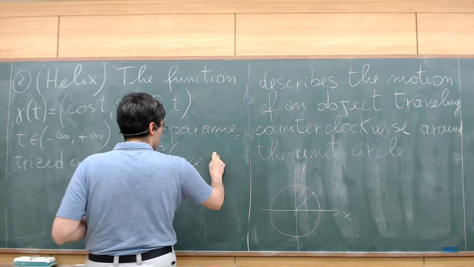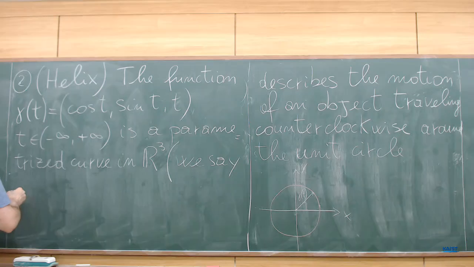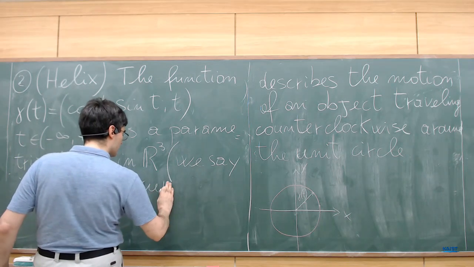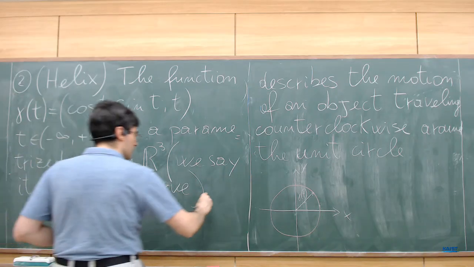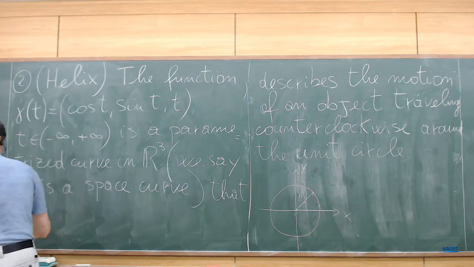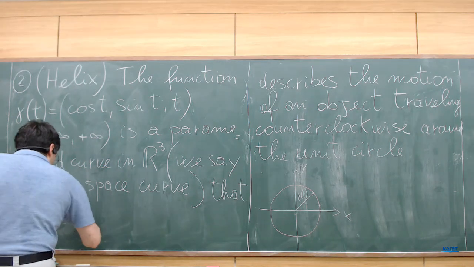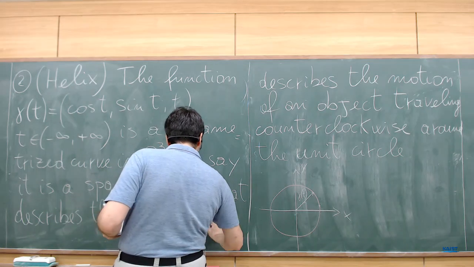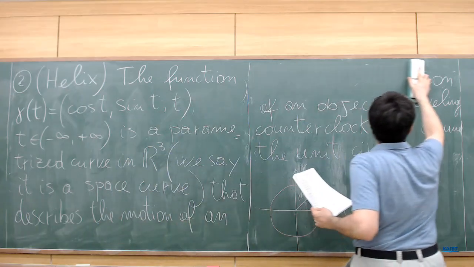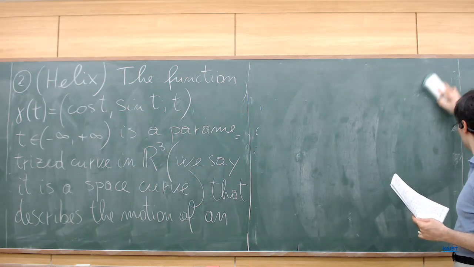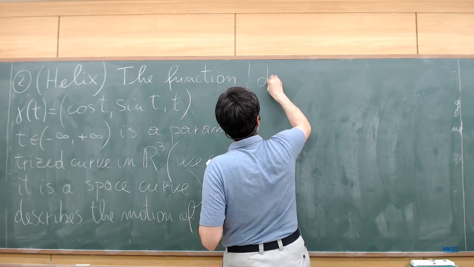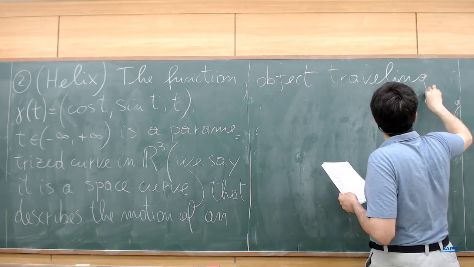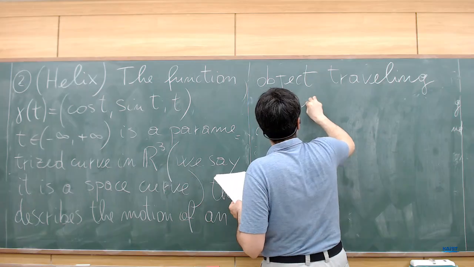So we say that it is a space curve for this reason. And this curve describes the motion of an object traveling along a helix.